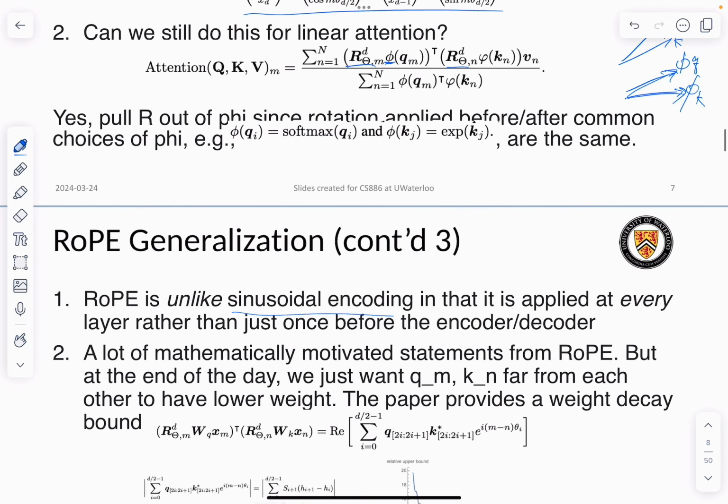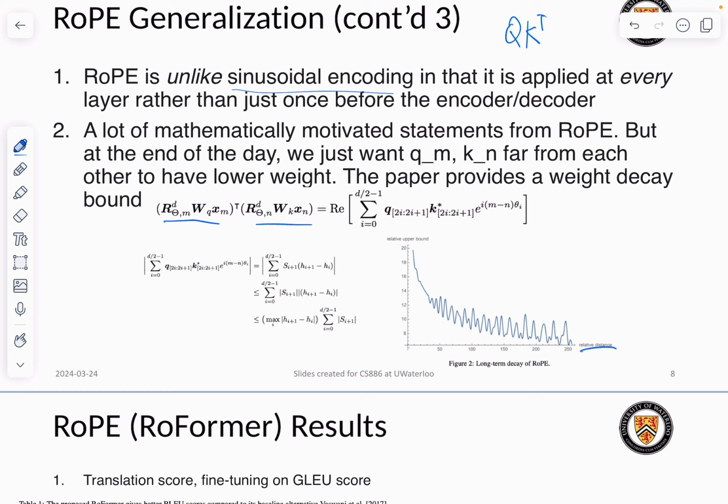And yeah, this is a bound saying that if you have two things that are far apart, this is the relative distance, so this is basically n minus m.